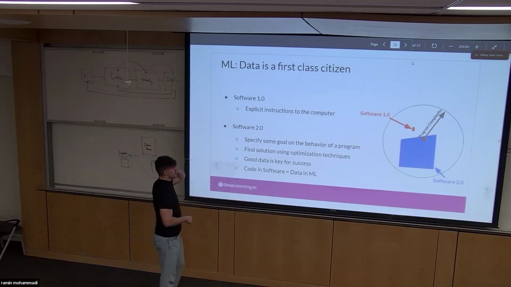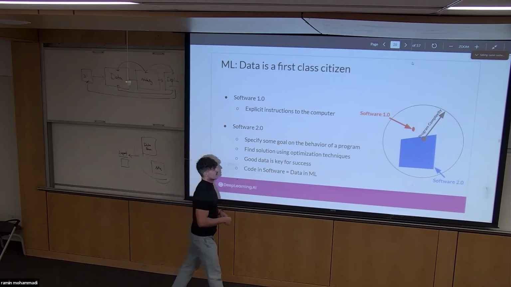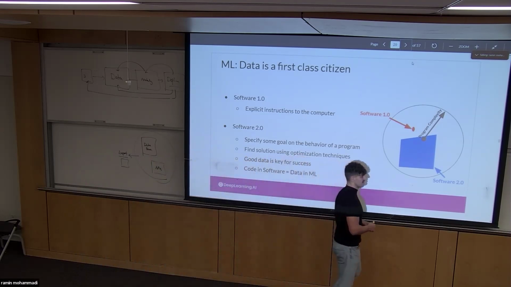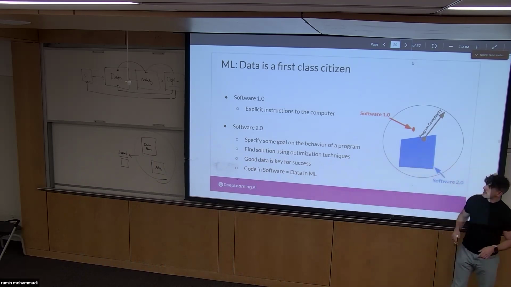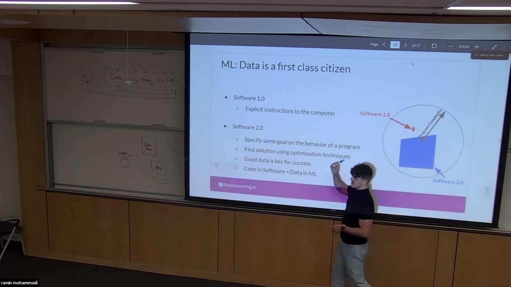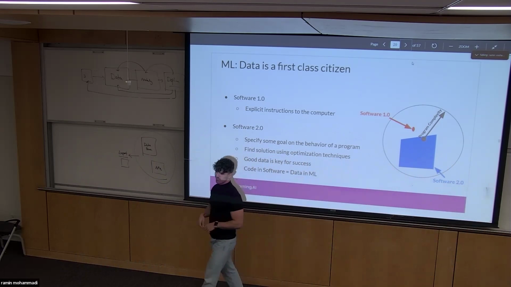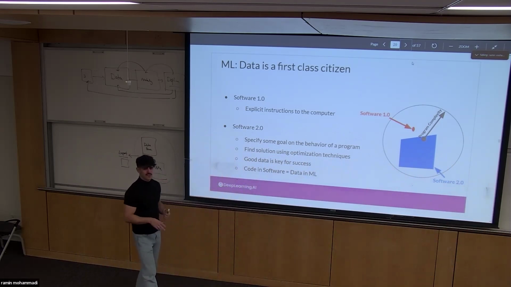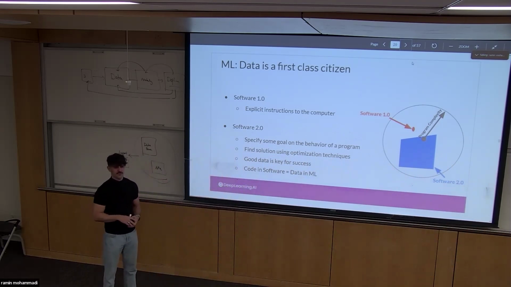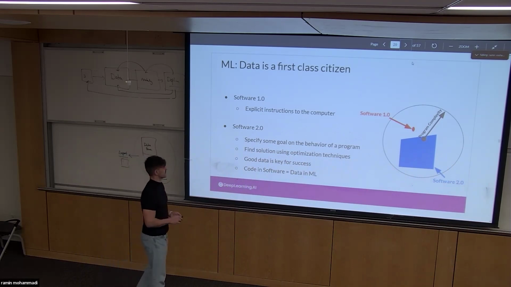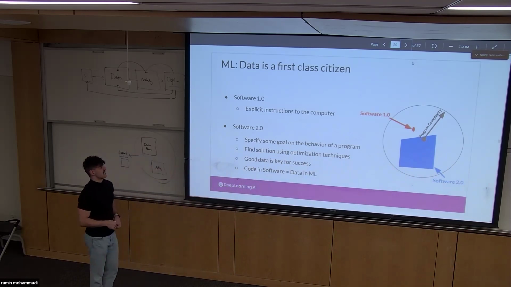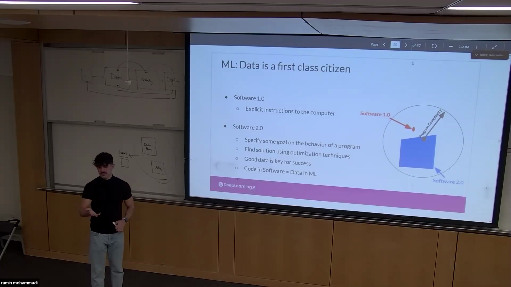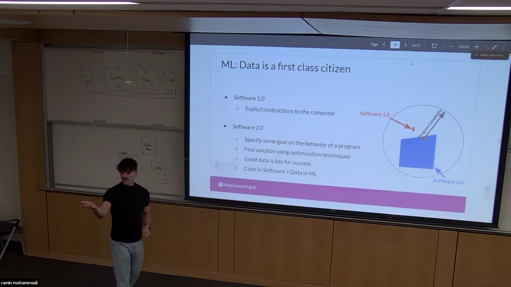Now, also remember the terminology software 1.0 and software 2.0. If I'm not wrong, software 2.0 was introduced by Andrej Karpathy in one of his talks or interviews. In software 1.0, the traditional software, you have explicit instructions for the computer to run.